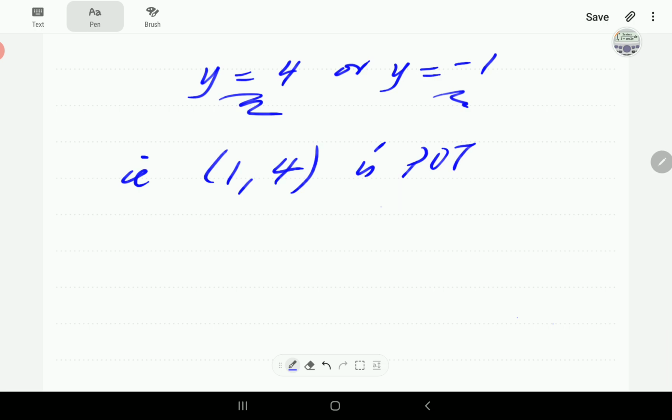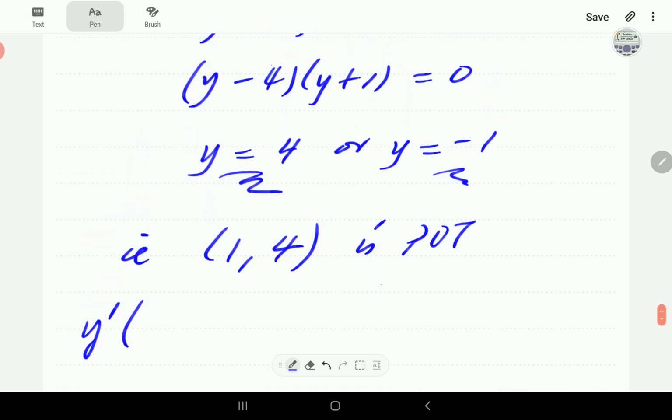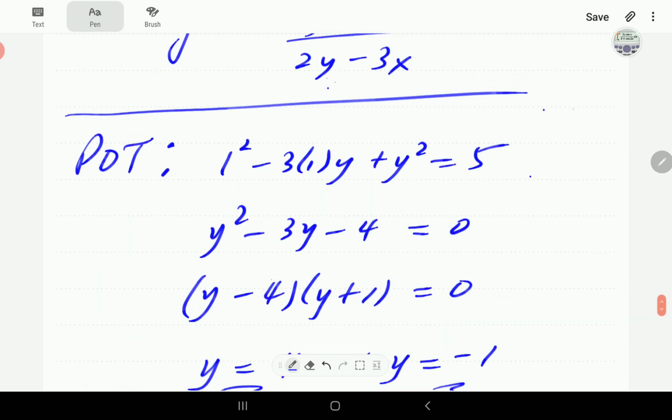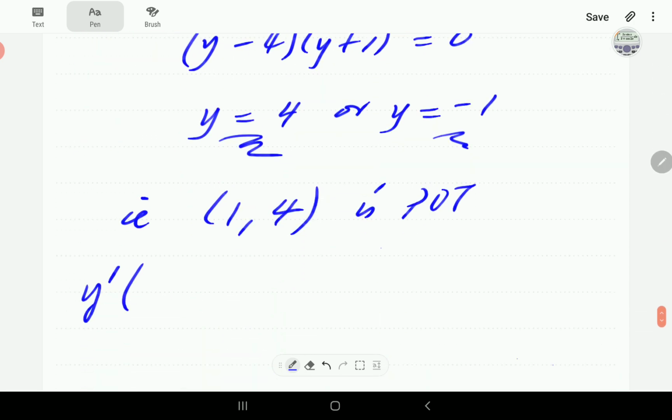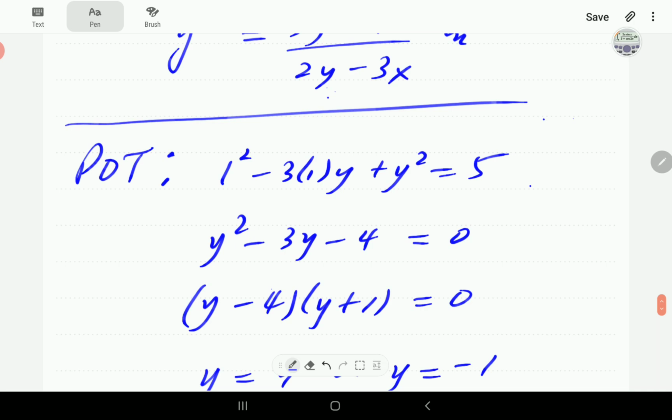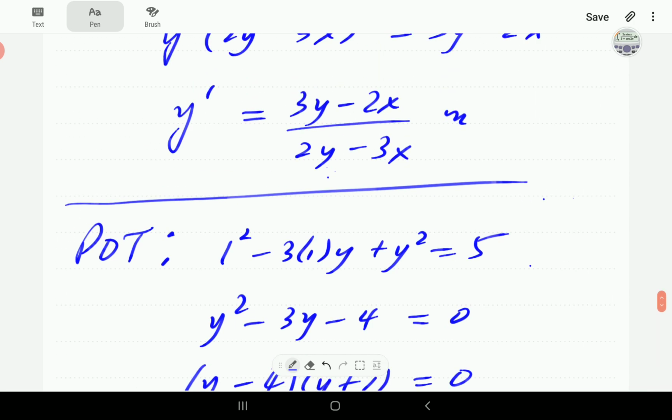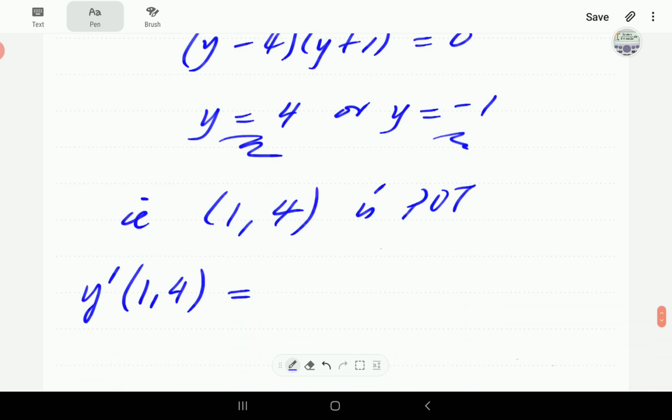Then we need to find the gradient of the tangent, so we substitute into the derivative.